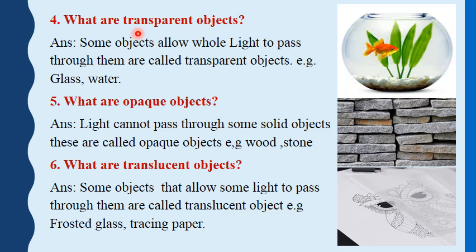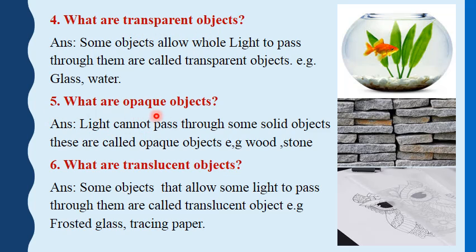We have examples like glass and water. You can easily see in this glass bowl a fish is present. The fish is present in the water, so we can easily see the fish through the water and through that glass.